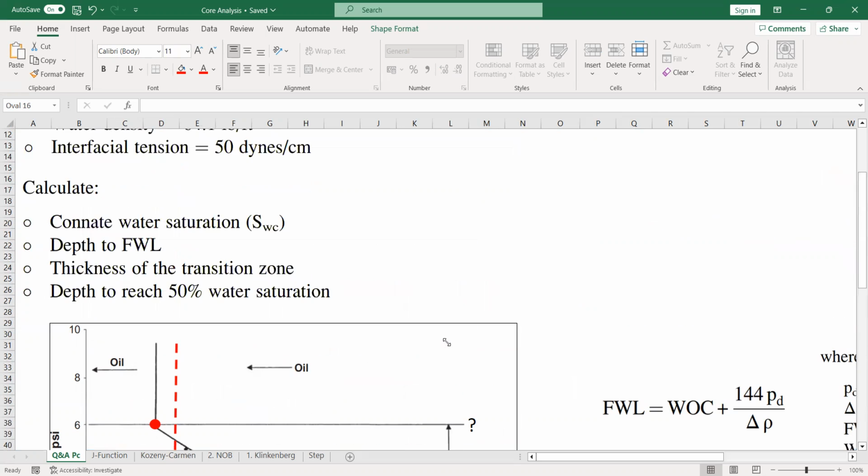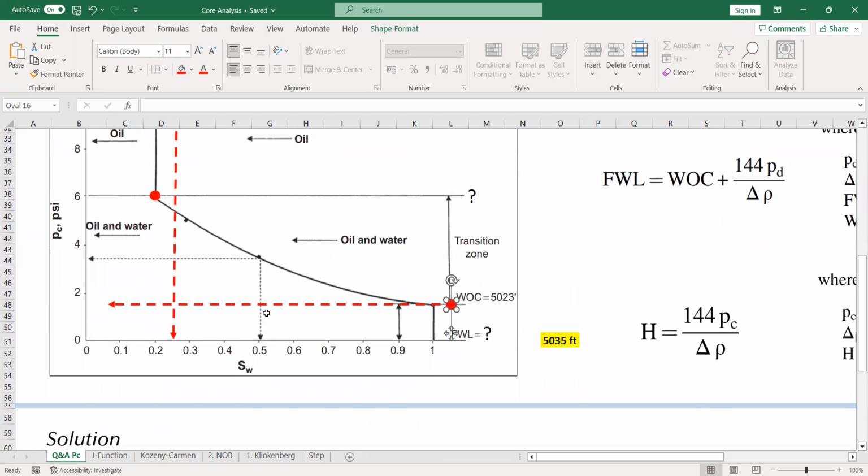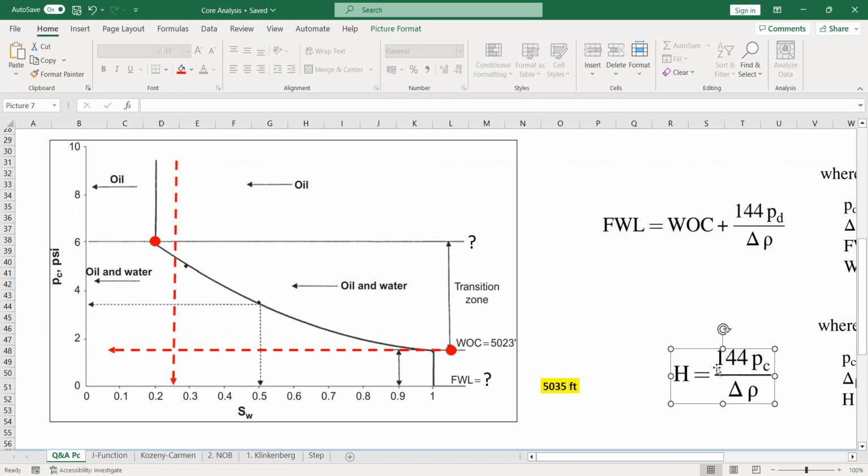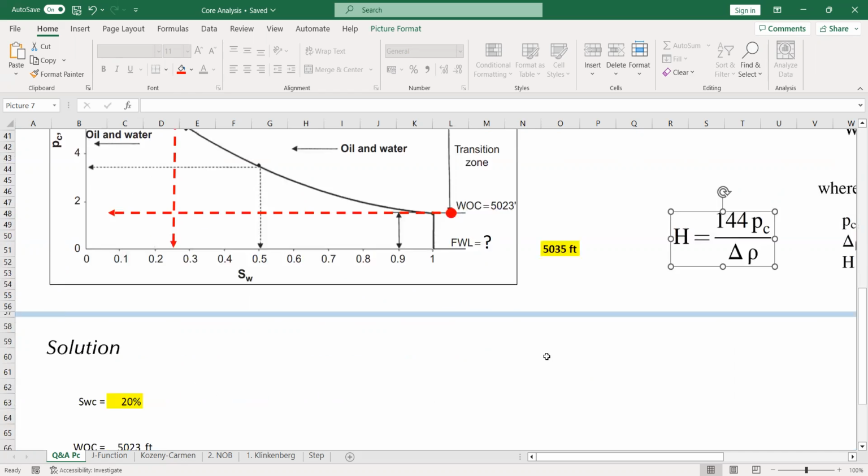So when we are asked about thickness, we need to convert this capillary pressure to thickness, something like depth. We can do that, converting from pressure to depth or to thickness. The form of the equation will be something like this, and it's very easy.